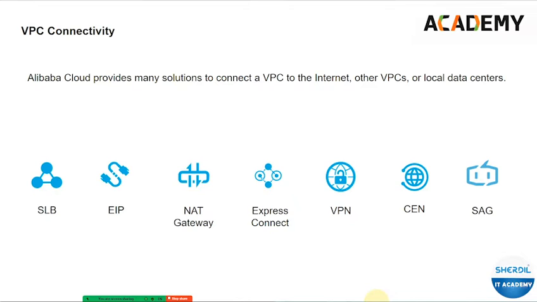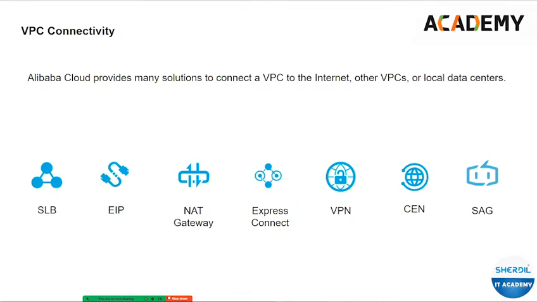VPN, the virtual private network, allows you to create a virtual circuit, virtual connections over the internet between your Alibaba Cloud account and your physical data center.